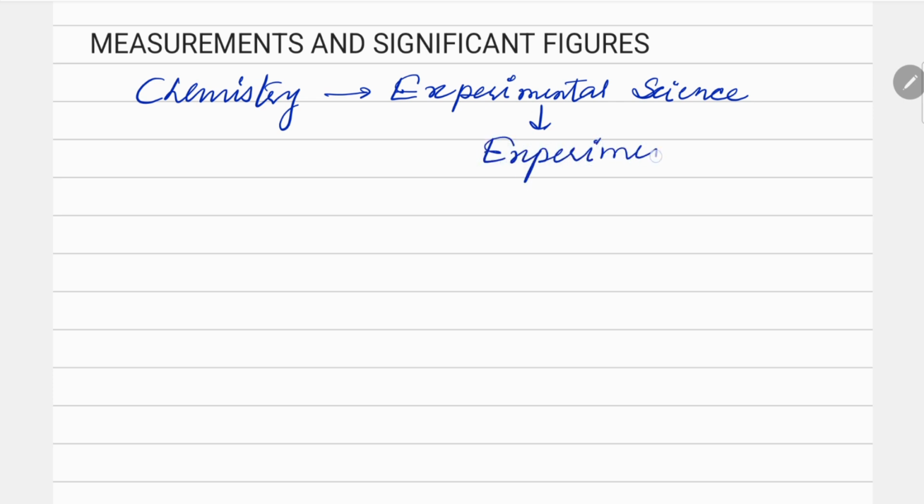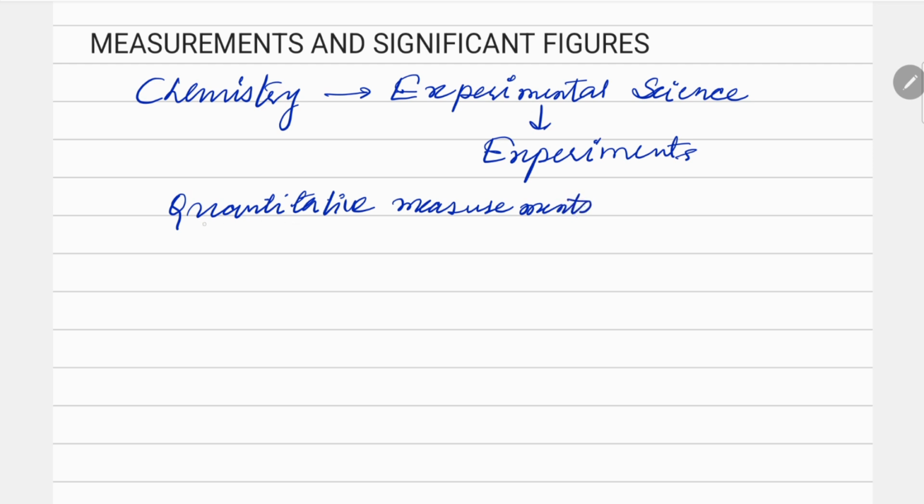These experiments give us a lot of various results, and to find those results we do quantitative measurements. What is the meaning of that?